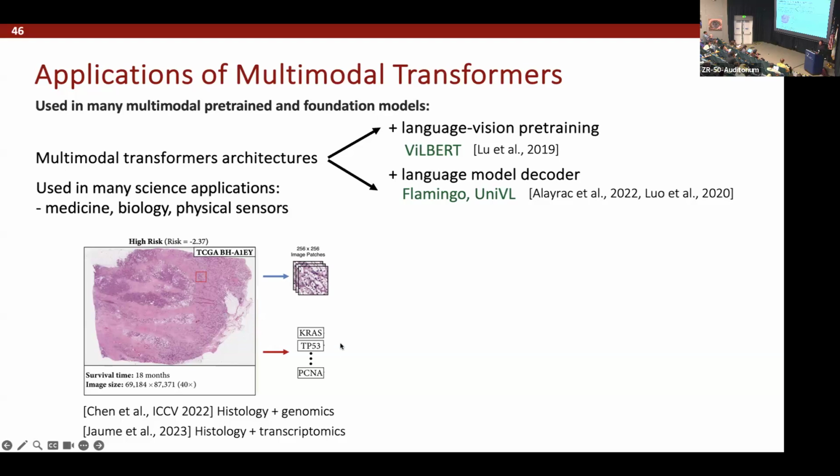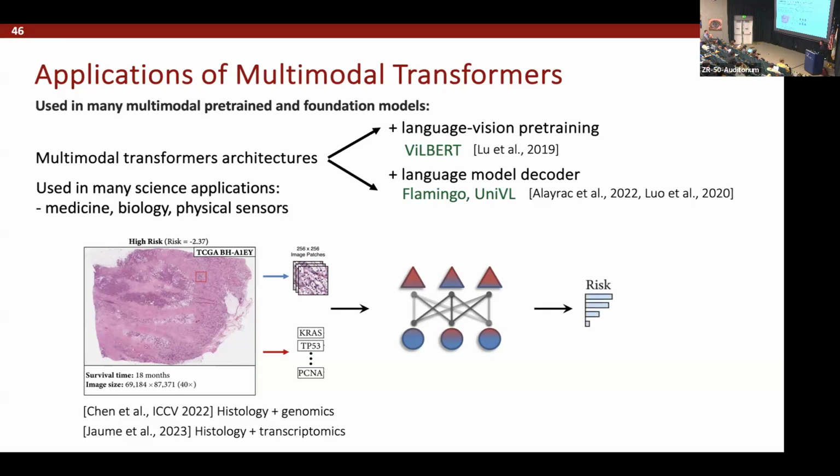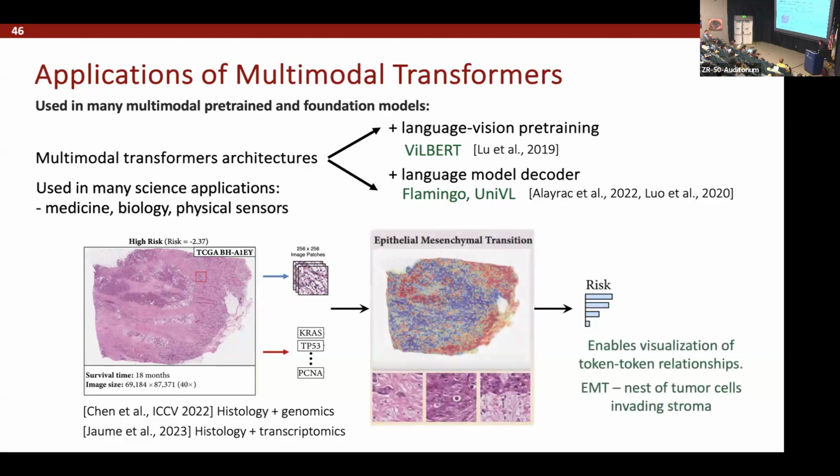And you can also take in a sequence of genome expressions that were sequenced from these cells in the image. And we applied multimodal transformers across the different image patches and across the different genome expressions, both of which are sequences, and used that to predict the risk. So what kind of cancers and what kind of risks these patients might pass away from these cancers. And again, these attention scores are quite interpretable.